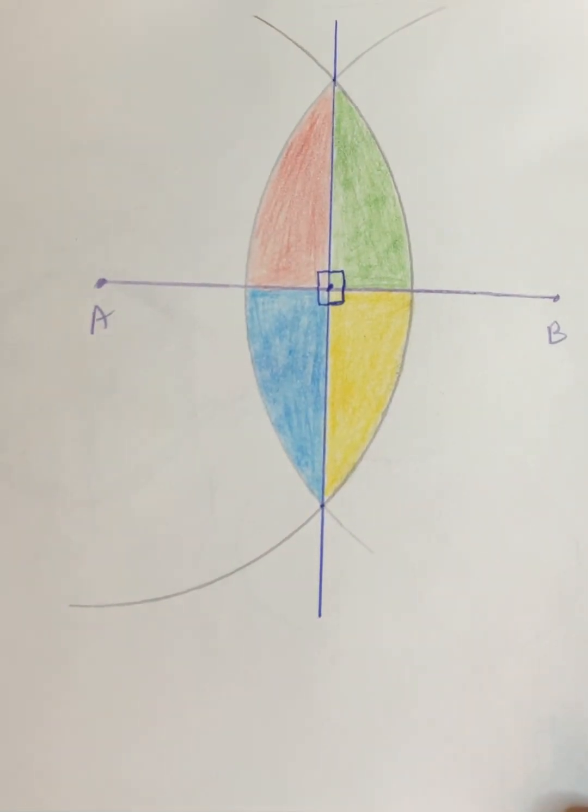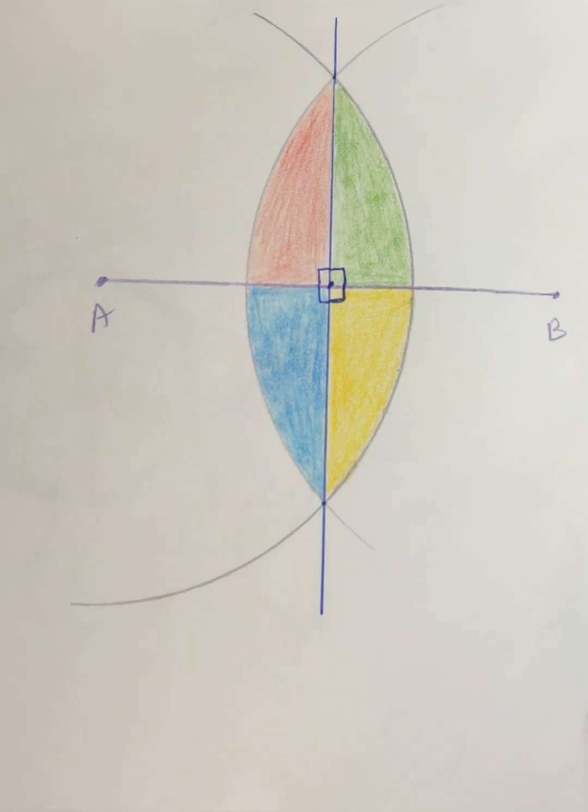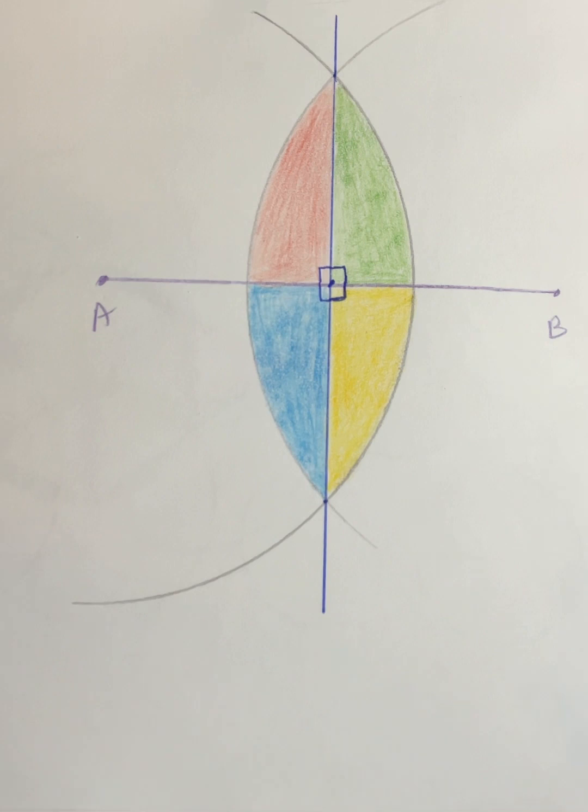Today I am going to demonstrate how to construct perpendicular bisectors of all three segments of a triangle, which will in turn give you a point of concurrency, which we will name the circumcenter.